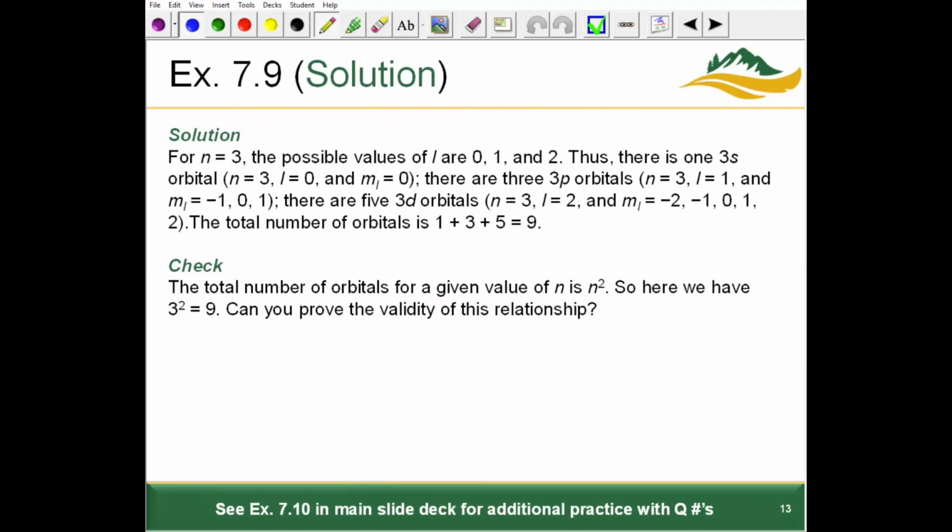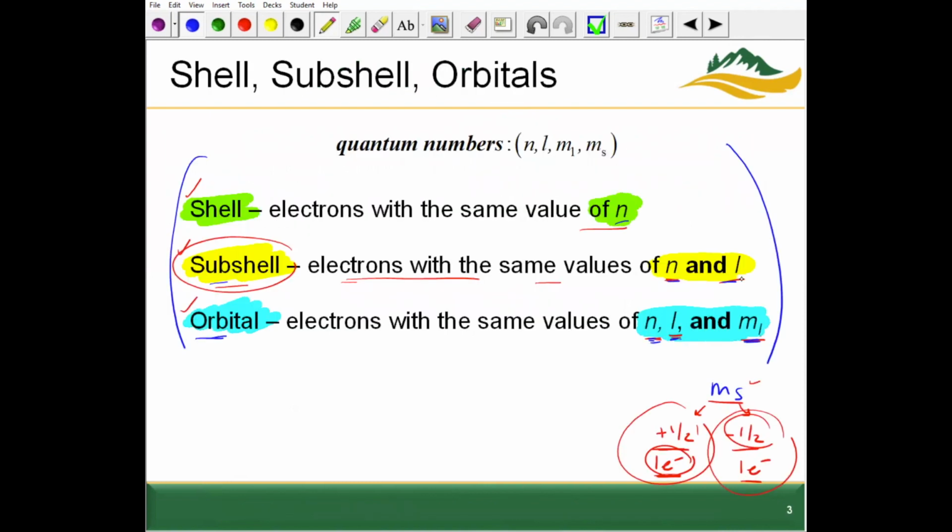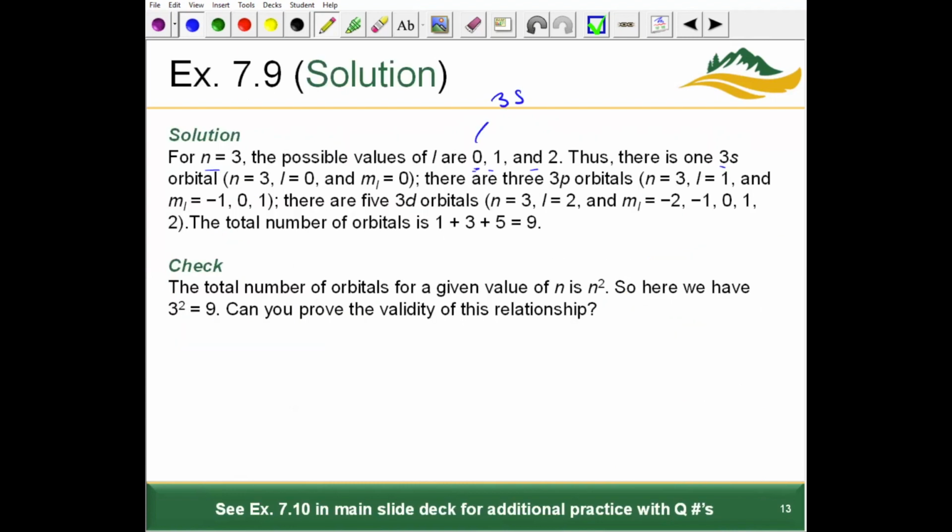So here's our answer, n equal to 3, l can be 0, 1, and 2. Then it's good practice to write this out too. When l is equal to 0, that means we have a 3s. This is a 3s subshell, right? Just n and l together. When we include the m sub l value here, then we call that an orbital. So if we state n, l, and m sub l like we've done here.